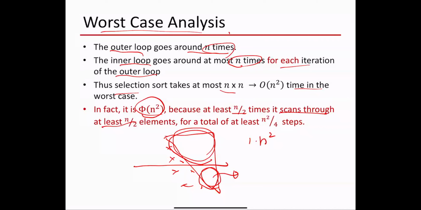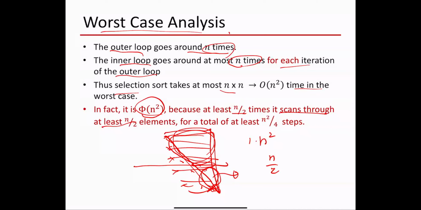In the best case, it goes proportional to this. So the inner loop only goes about half of it. Do you all agree on the half of it? Why are you saying half of it? Because on average, you are not running through n, but you are running through half of it.